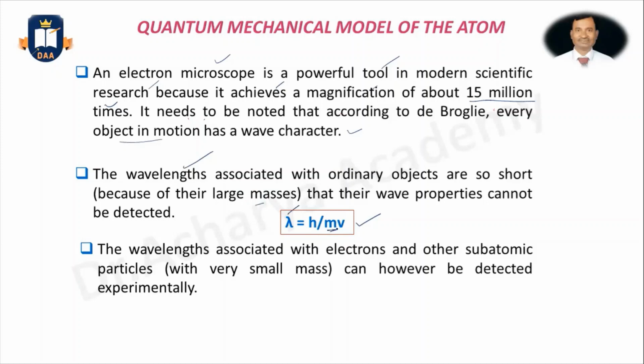So if the mass is more, then the wavelength will be very less, and if the wavelength is more, then the mass should be very less. So the wavelength associated with electrons and other subatomic particles, which have very small mass, can be detected experimentally because the wavelength will be large.